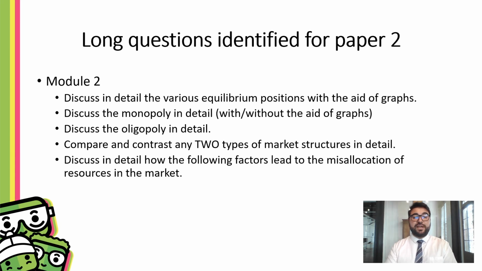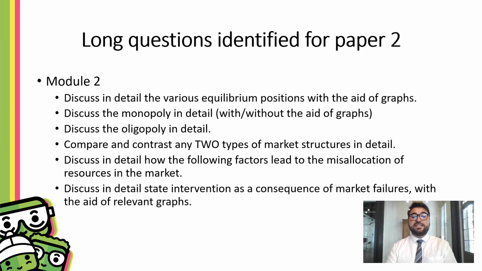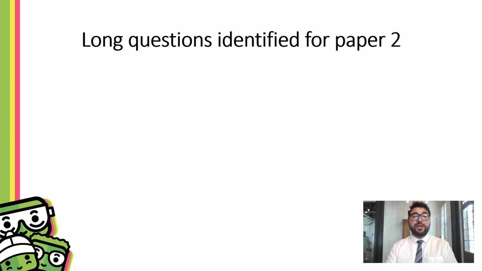Then, with market failure, discuss in detail the following factors that lead to the misallocation of resources in the market. Then, discuss in detail state intervention as a consequence of market failures with the aid of relevant graphs. With Module 4, the following has been identified.